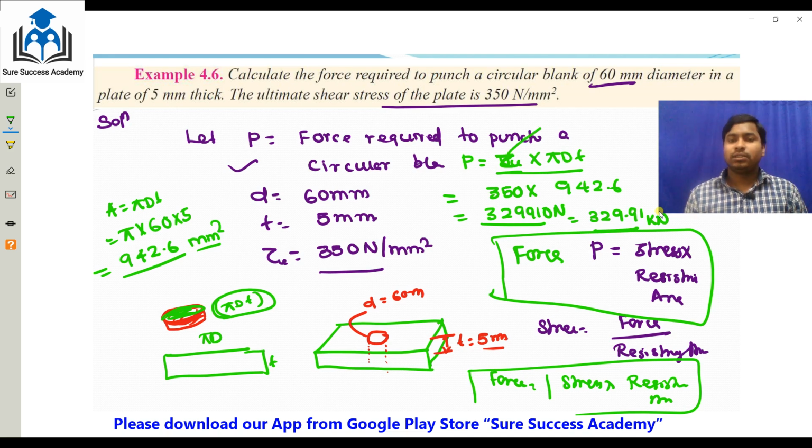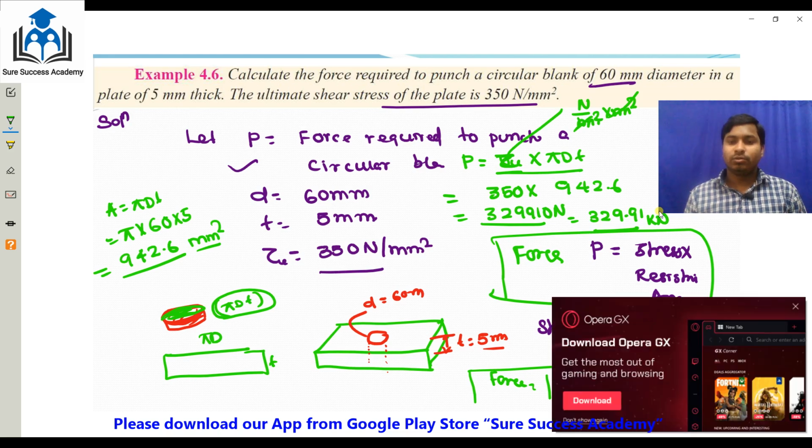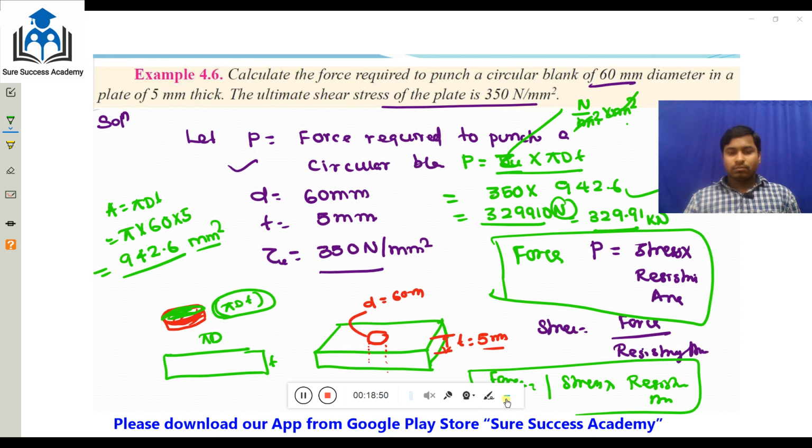Here the unit of shear stress is Newton per mm square and area is mm square, so the mm square cancels, Newton will come, and you can convert to kilonewtons. In this way you can do the problems.